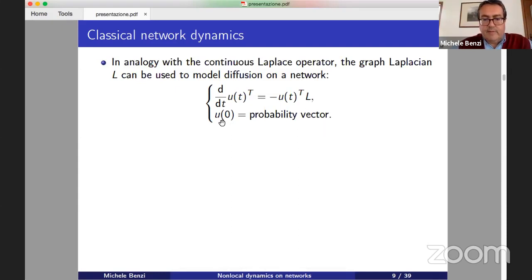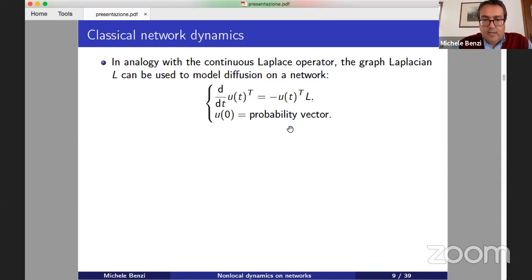So if we start from an initial vector, which is a non-negative vector, the entries of which all add up to 1. If you wish, you can take any vector from the unit basis, which will mean that initially the state of the system is given, and the substance that is diffusing, or the heat, is concentrated on one node and 0 everywhere else. And then we let this probability distribution evolve according to this system of ordinary differential equations.